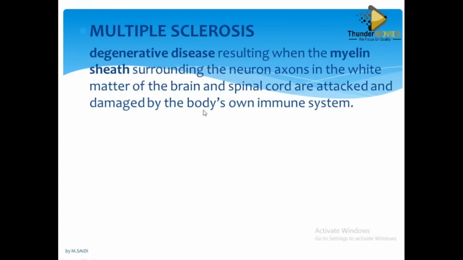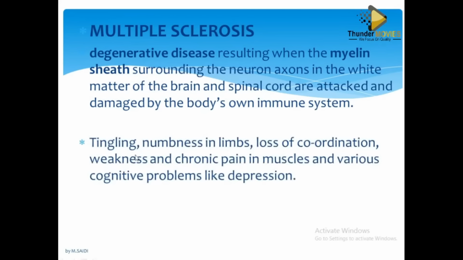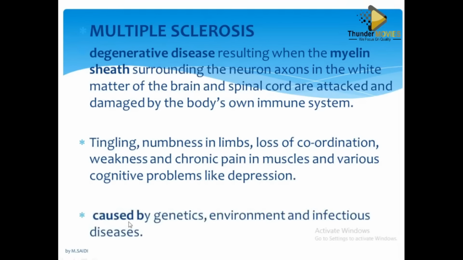This could be leading to trembling, numbness in the limb, loss of coordination, weakness, and then chronic pain in the muscles, and can also result in depression. It is being caused by genetics. Yes, you can get it from your parents, environmental factors, the way how we live our life, and also infectious disease can also destroy the myelin sheath.